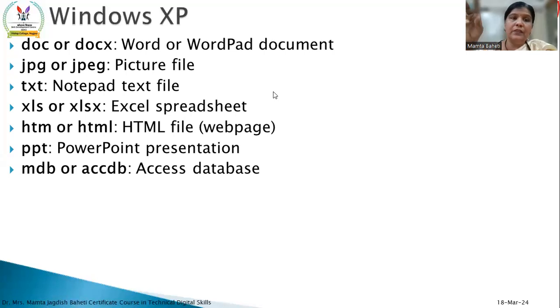Vice versa, if your file is of extension docx and your system has MS Office of version 2003, it will also not open. So be careful while you are working with file formats, what file format your file is being saved with, and what version of the application is available on your system.